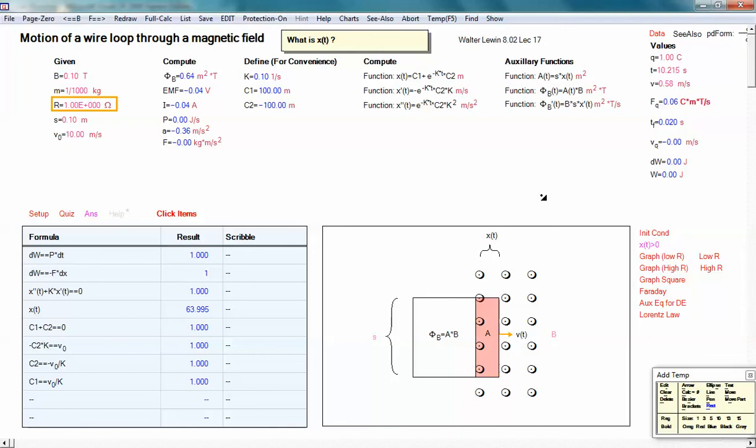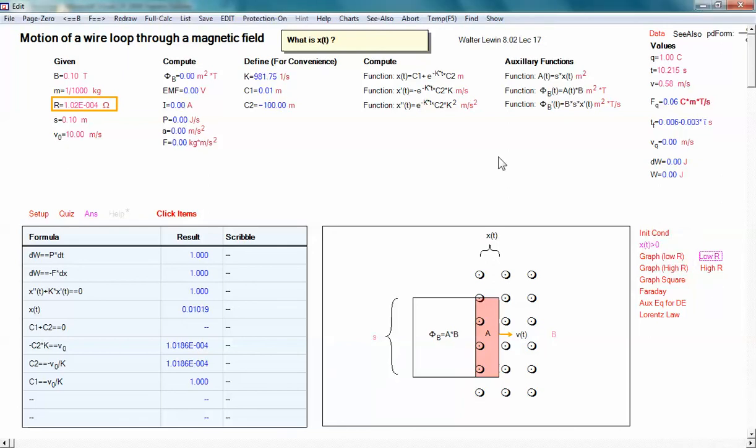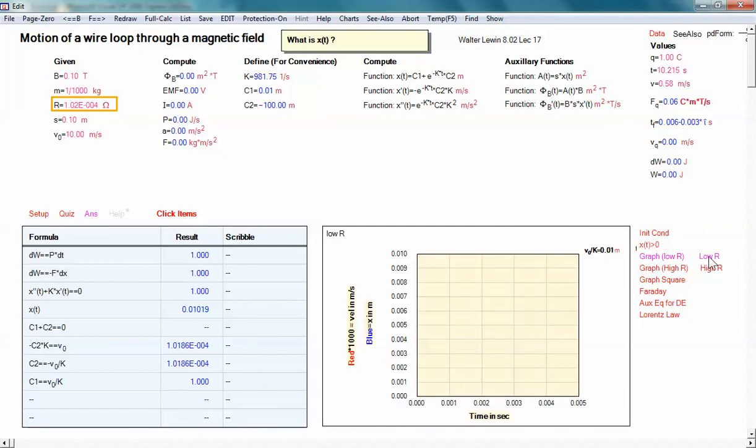For instance, if this were a copper wire, then the resistance would be closer to this. It's 10 to the fourth smaller. I have to divide it by roughly 10 to the fourth. That would be a typical resistance for just a copper wire. Now, notice what the graph is for the motion then.